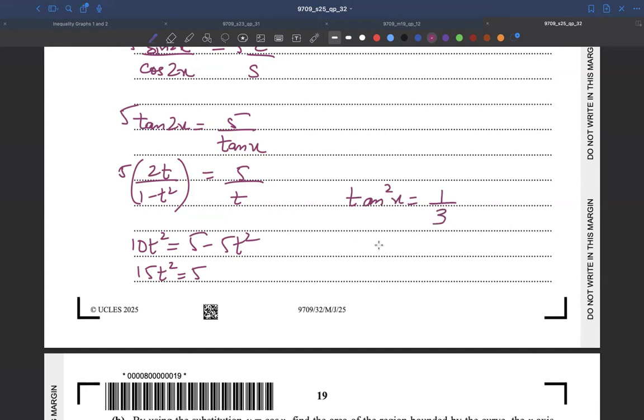And now finding the value of x, we'll do shift tan inverse of root 1 upon 3. So x would be equal to tan inverse of root 1 upon 3, and that is equal to pi upon 6. So the x coordinate would be pi upon 6.